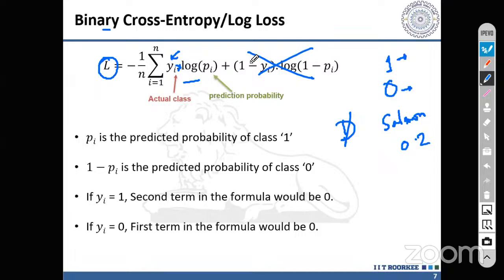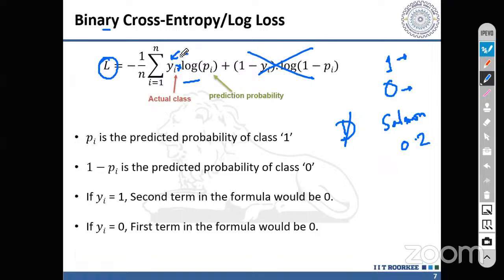If I have the actual class as 0, then it will be 0 into log pi plus 1 minus 0 into log 1 minus pi. So the first term will be cancelled, and then it will be only log of 1 minus pi.